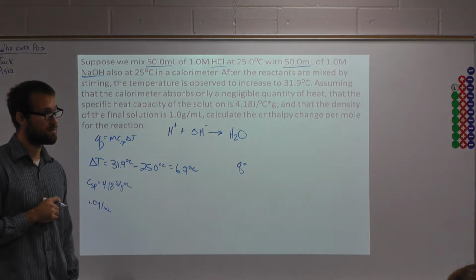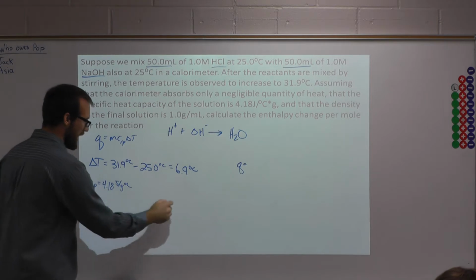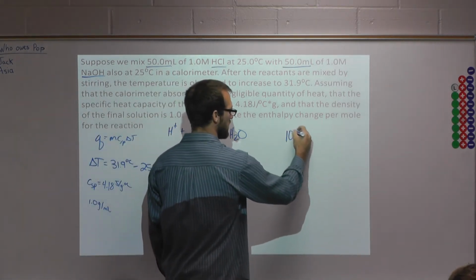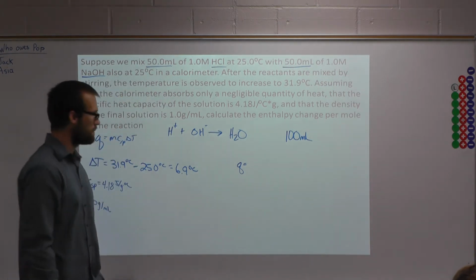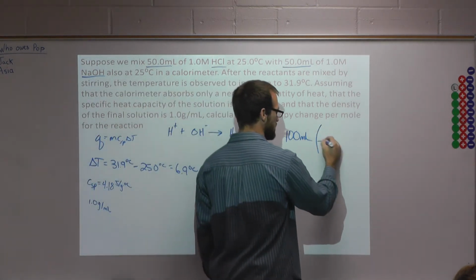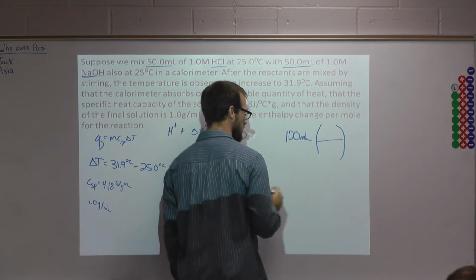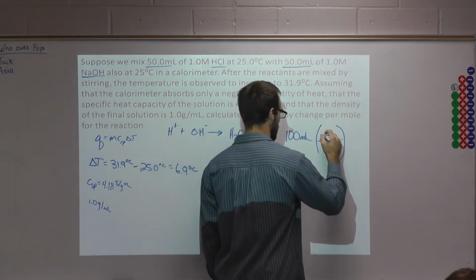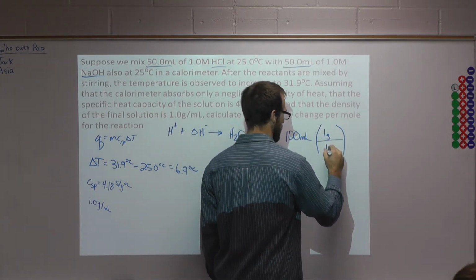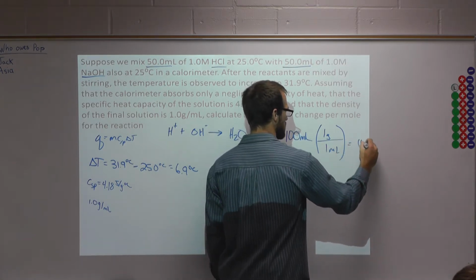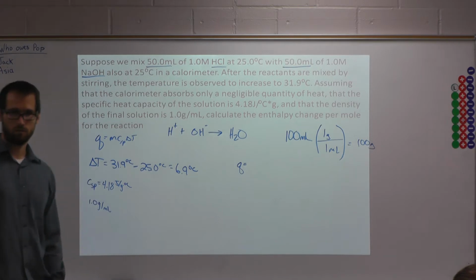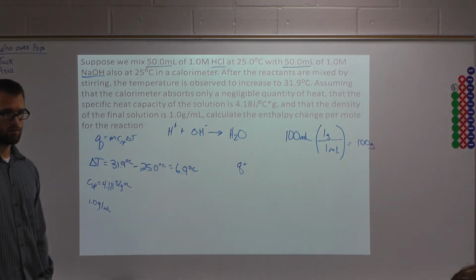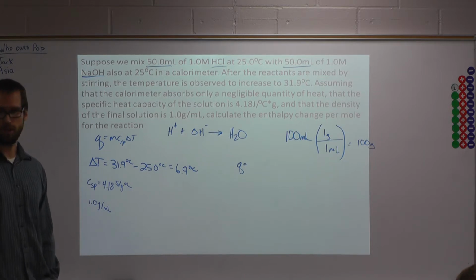So I know that I have 100 milliliters. And the density is 1 gram for every 1 milliliter. So I got a 100 gram sample. Does that make sense how I use density to figure out mass when I had volume?